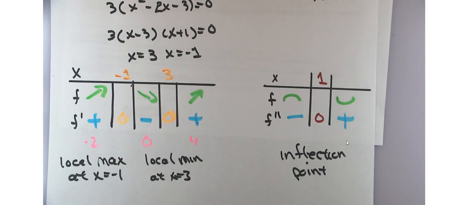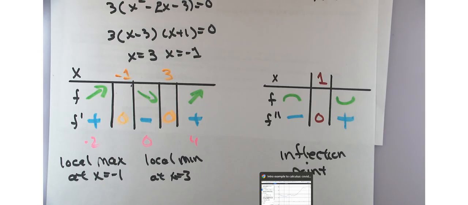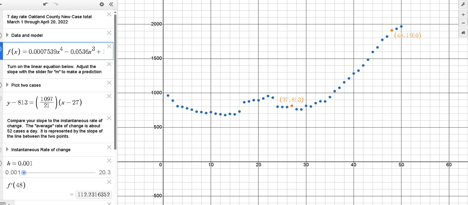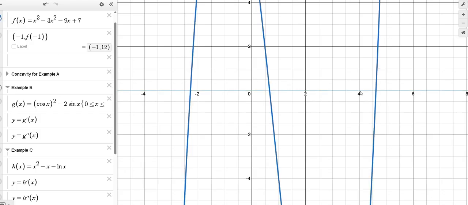So let's take a look at the graph and start trying to make sense of some of these things that we're seeing here from our table on the derivatives. Let's take a look at this one. Here we go.